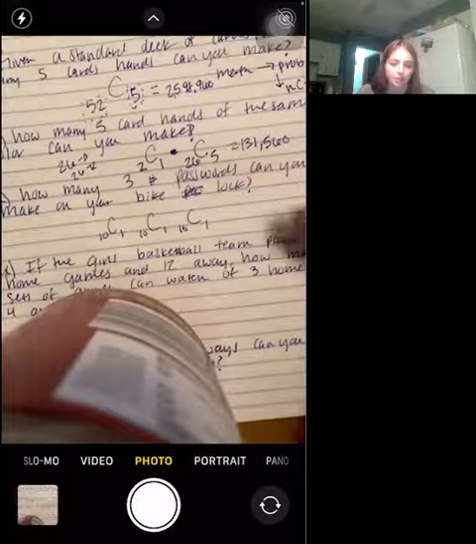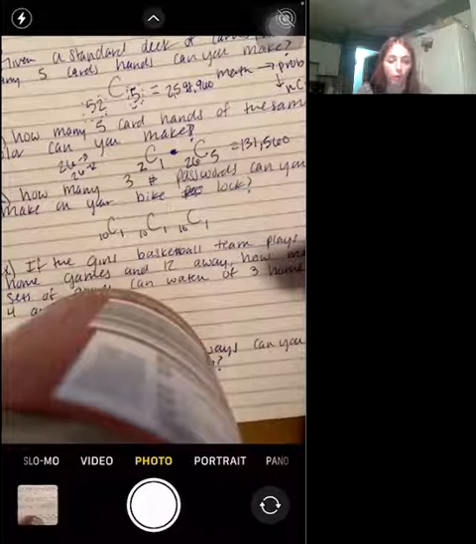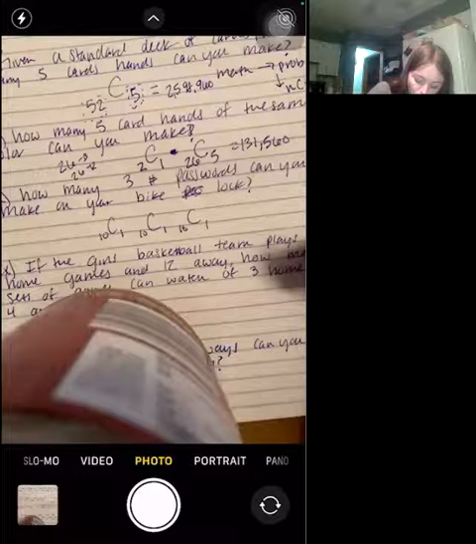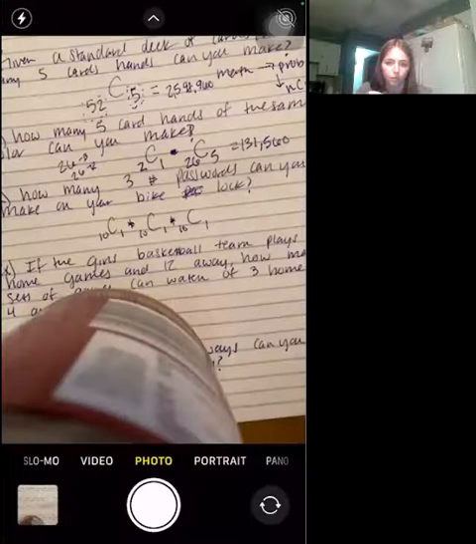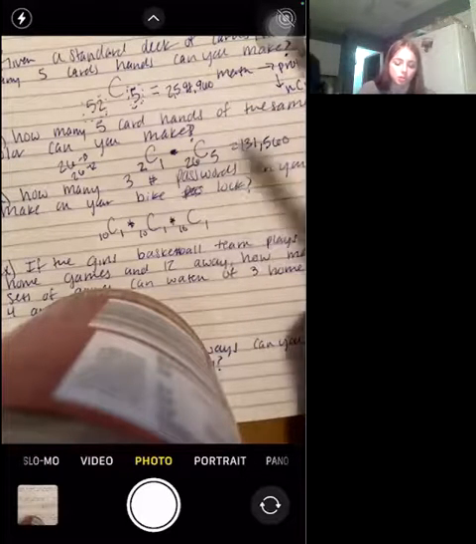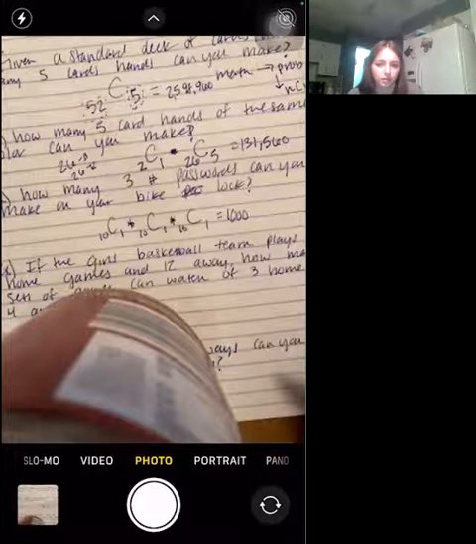If I did, that would signify that my bike password, instead of being 1, 2, 3, was 1 or 2 or 3, versus 1 and 2 and 3, right? "Or" signifies one or the other, whereas "and" signifies all of them together. So I need to multiply these together. Okay, so 10 choose 1, times 10 choose 1, times 10 choose 1. That should be coming out to 1,000 there.